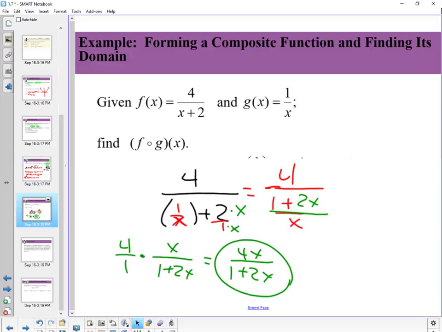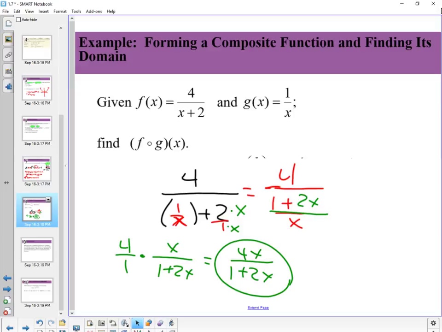So do we have restrictions on our domain? Yes. X cannot be negative 1/2. It can be 0. X can definitely be 0, because what's 2 times 0? 0 plus 1 is 1.